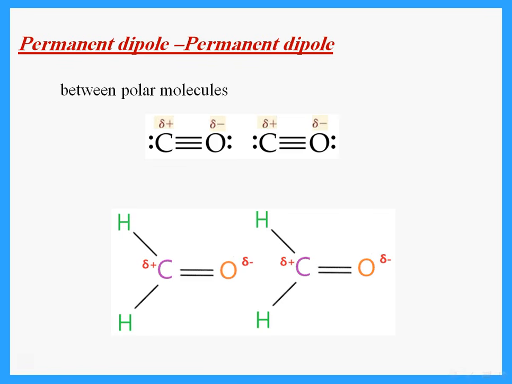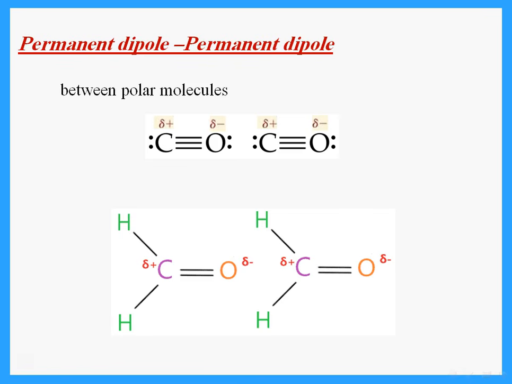The other kind of interaction is between polar molecules. What if I have a polar molecule? This is carbon monoxide, CO, with a triple bond between them. Alone, the molecule already has a slightly negative and slightly positive end because oxygen is more electronegative than carbon.